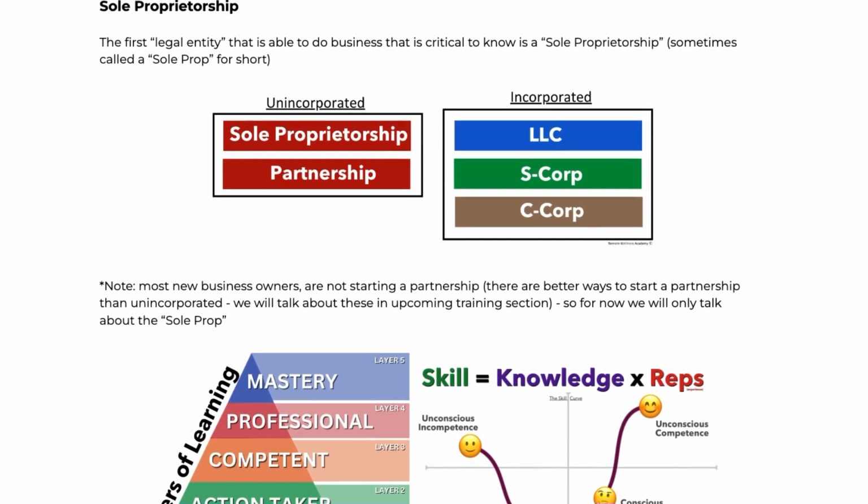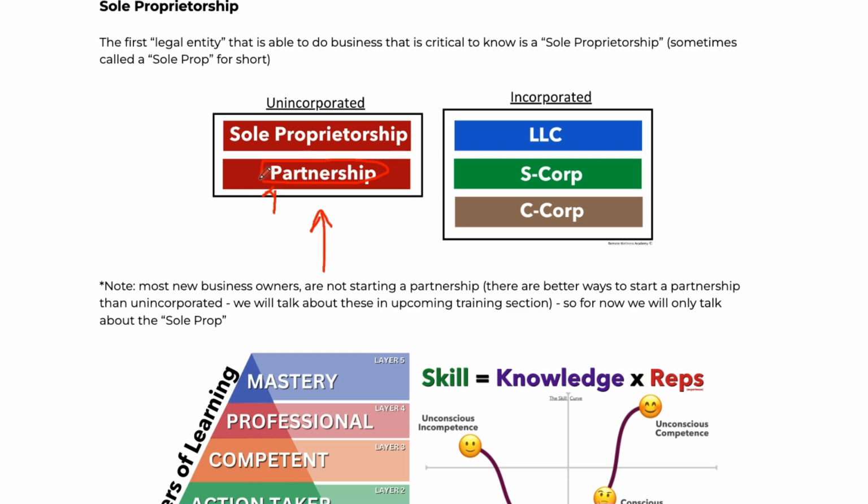Now, the other topic I want to talk about is the non-corporations, the legal entities you can do business with that are not corporations. The reason we are not talking about partnerships here is that, number one, for most people starting out, they are not starting as a partnership.